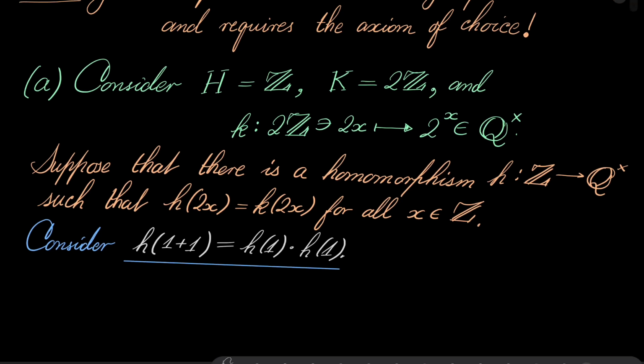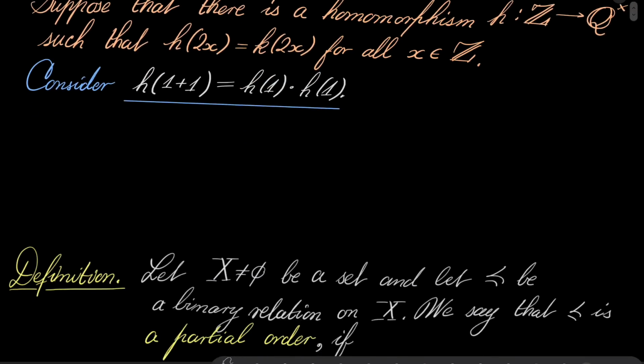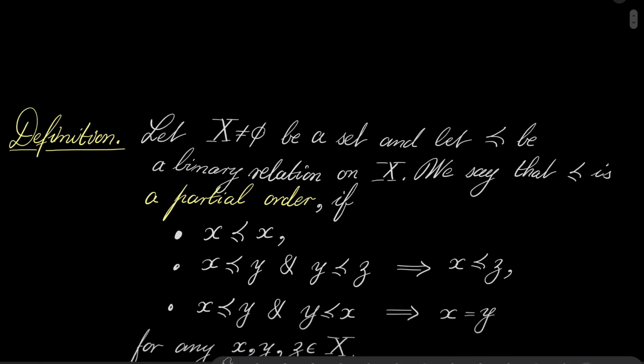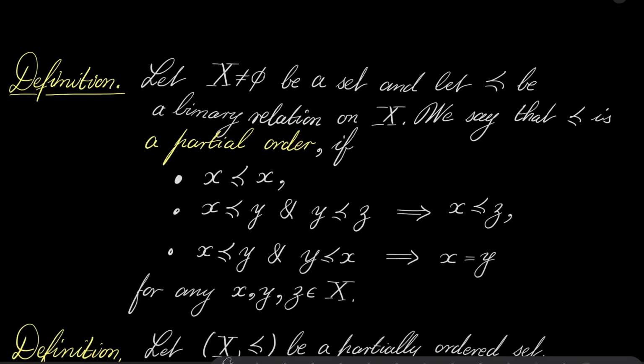For part B, however, we will need some new notions, or rather well-known notions, but I will present them to you. First, partial order. When we have a non-empty set X, a binary relation, which I denote by this squiggly inequality line, we say that it is a partial order if x is less than or equal to x.